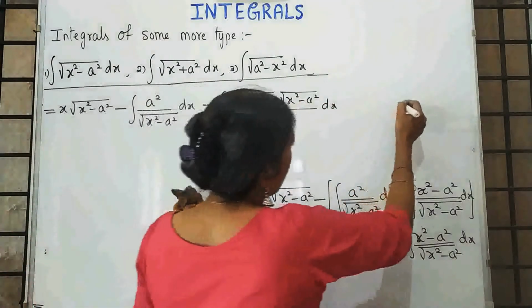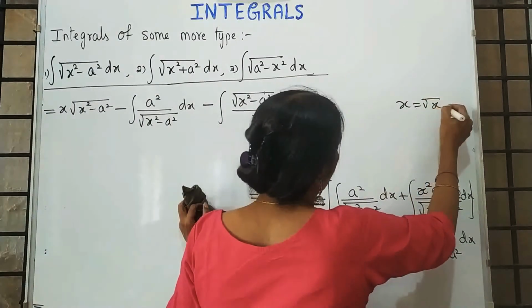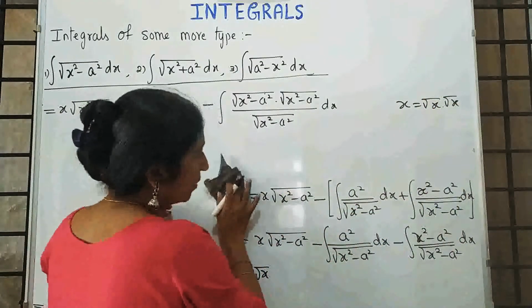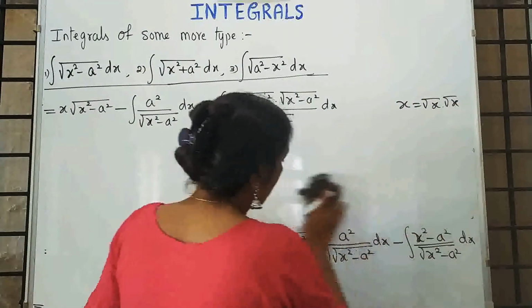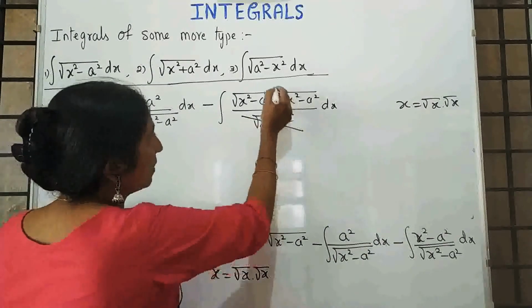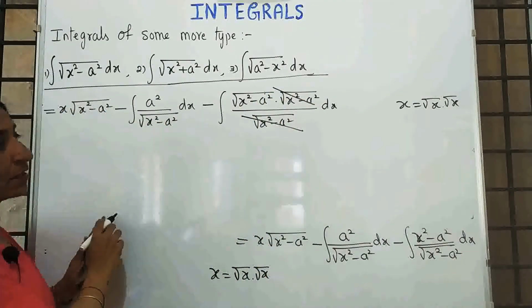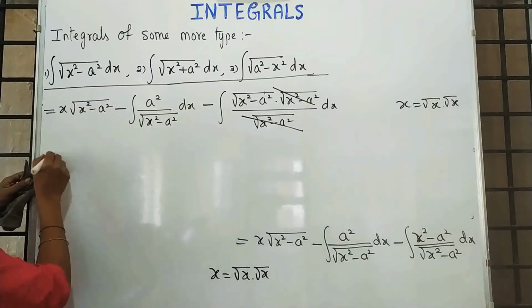Which concept? x is written as root x into root x. This concept we are using here. Now root of x square minus a square and root of x square minus a square get cancelled. Here the left side is I.